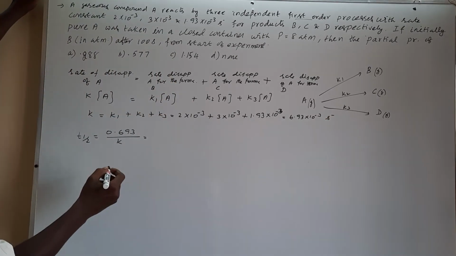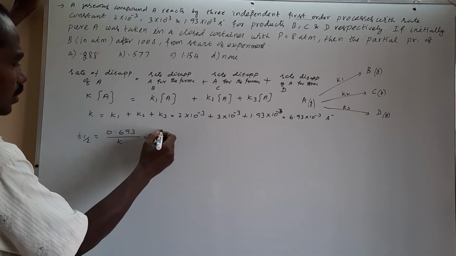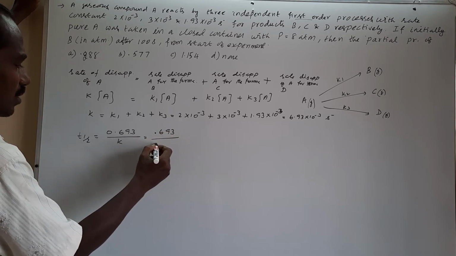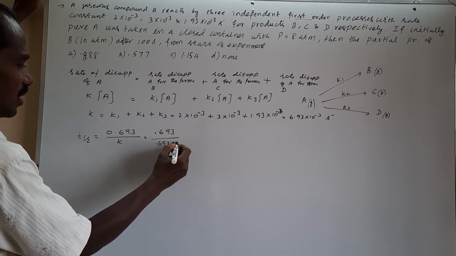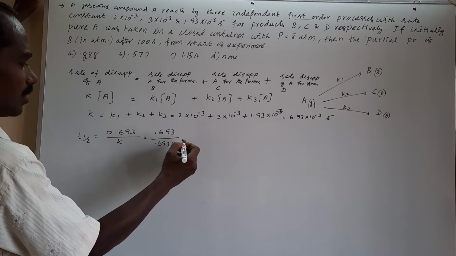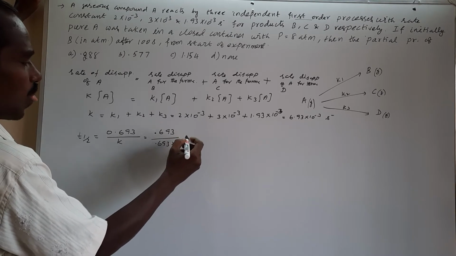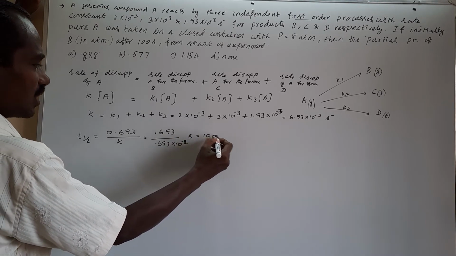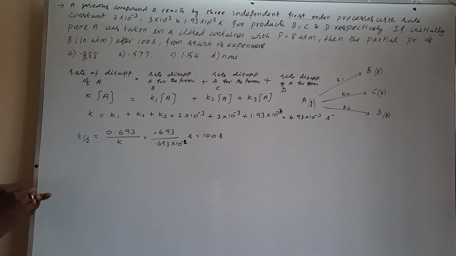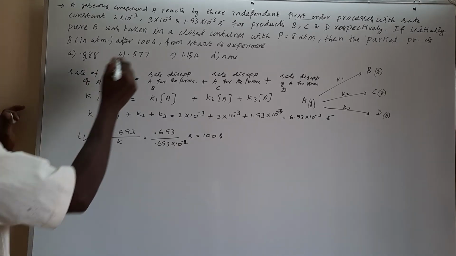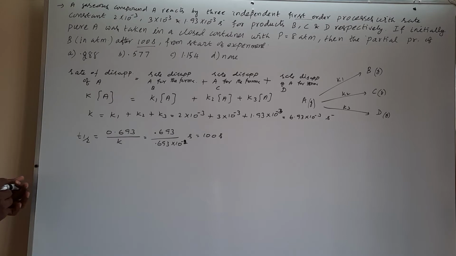Let us substitute: 0.693 by 0.693 into 10 to the power of minus 3, which gives 10 to the power of 2 seconds, which is equal to 100 second. So t half is equal to 100 second. Here the time given, 100 second, is the half-life period.